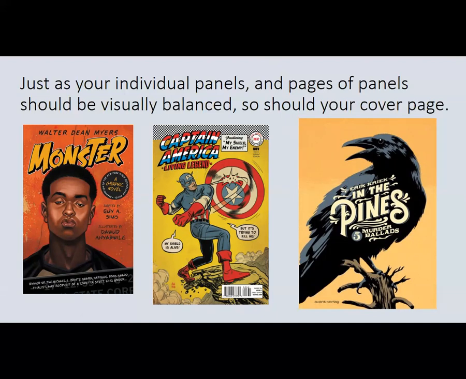I'm going to start with the color red. Red is distributed, not always in equal amounts, but all over this page, and it's set up in such a way that it moves your eye around.